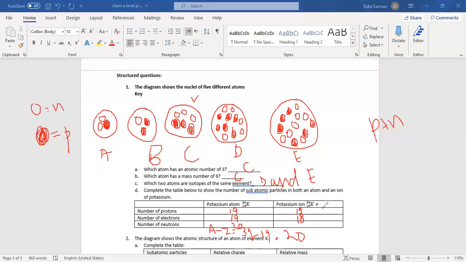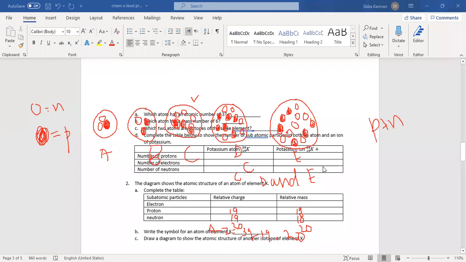And the number of neutrons, 39 minus 19, equals 20, because there is no change in the number of neutrons and protons when ions are formed.